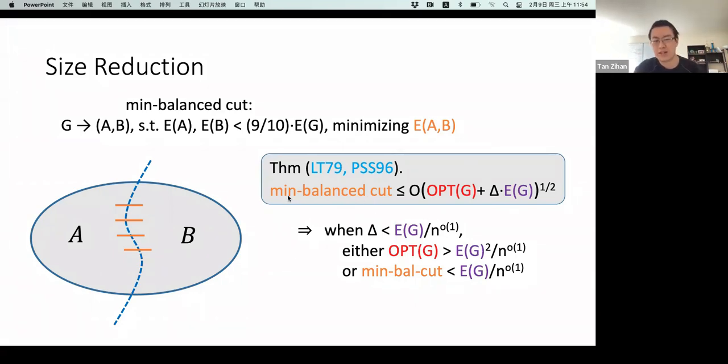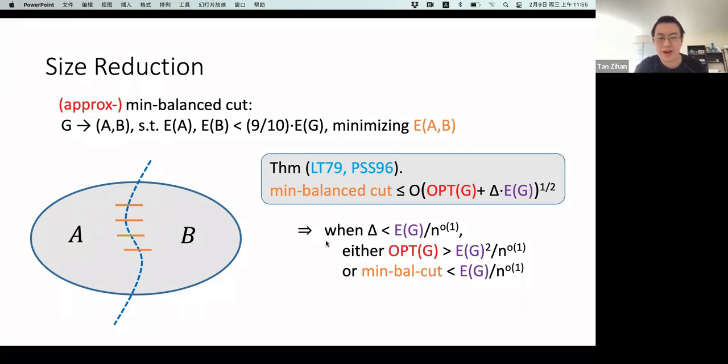So it has been proved that the minimum balanced cut has relatively small size if the max degree is bounded. Actually, we cannot compute the minimum balanced cut, but we have to compute an approximate balanced cut.